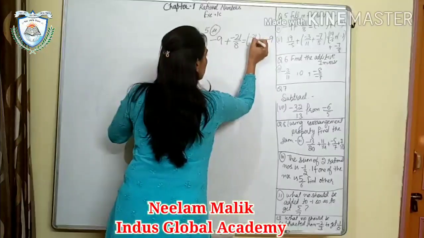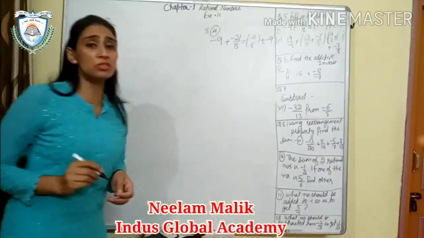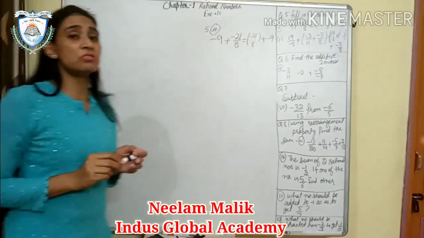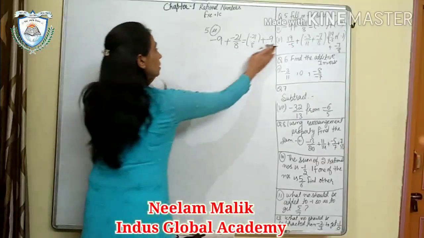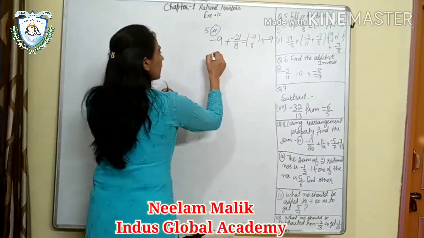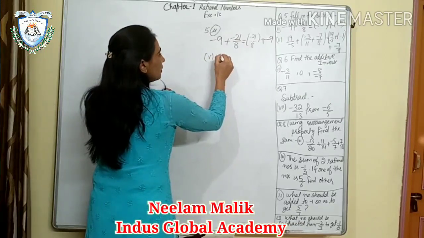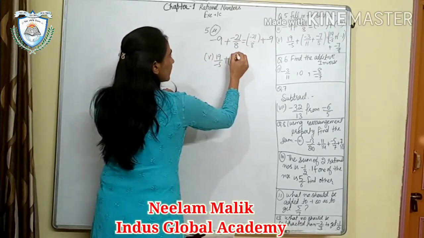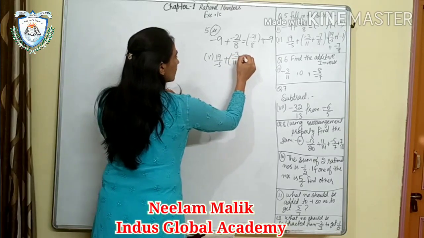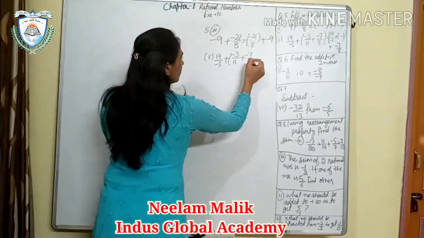This is your commutative law. A plus B is equal to B plus A. The second part was this. Now the fifth part. 19 upon -5 plus bracket start -3 upon 11 plus -7 upon 8.